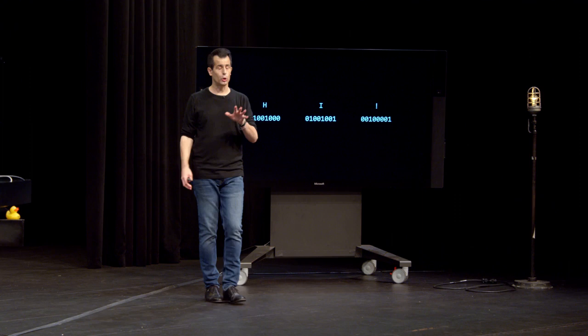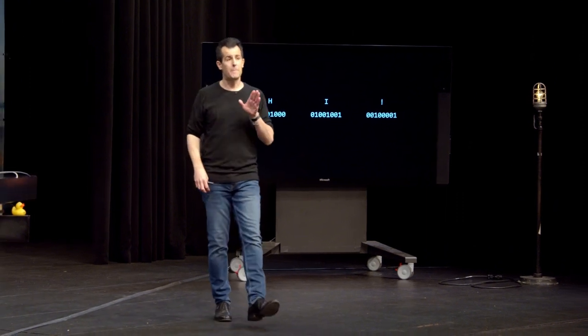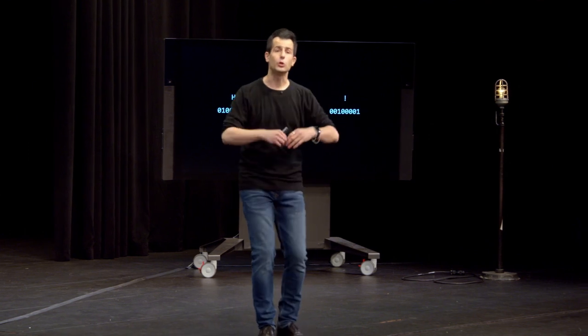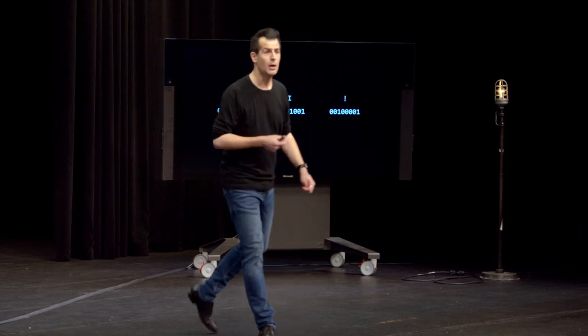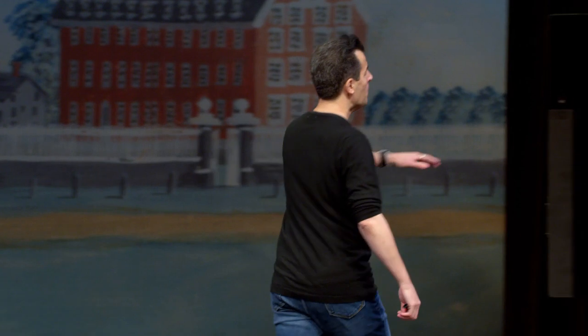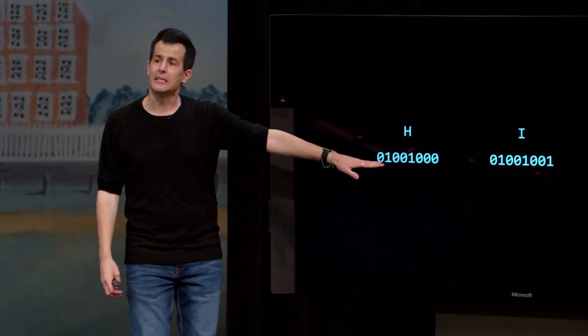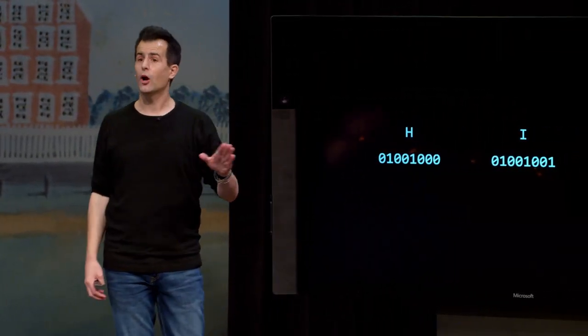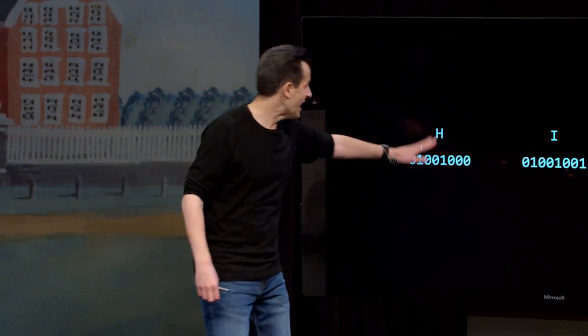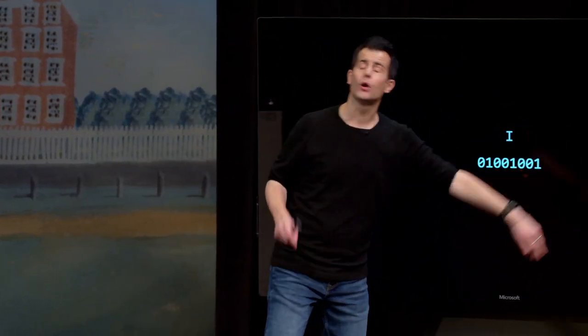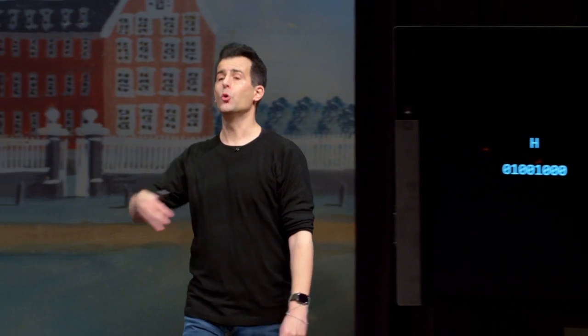And typically computers these days use 8 bits to represent each of those characters. When ASCII first came out, they typically used 7 for efficiency reasons because space was expensive back then. But here we used 8. And indeed, that's now the norm when it comes to representing characters in multiples of 8. So we have 8 bits here, 8 bits here, 8 bits here, which means to receive the message hi, you are sending or receiving 24 bits total.